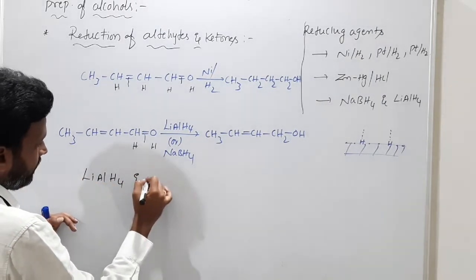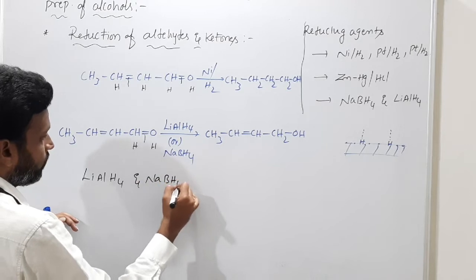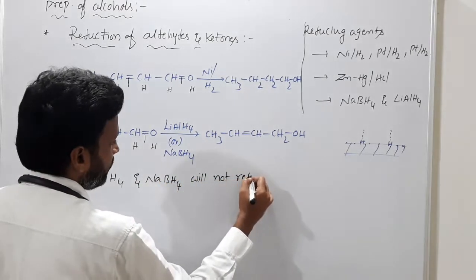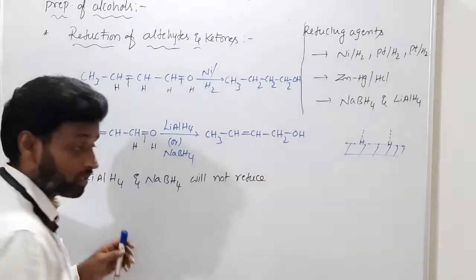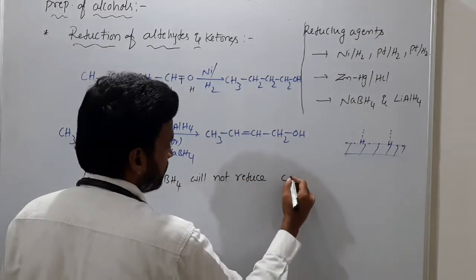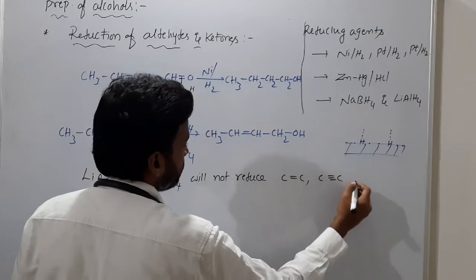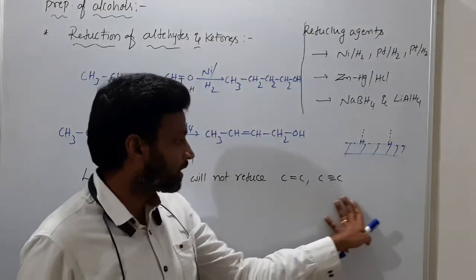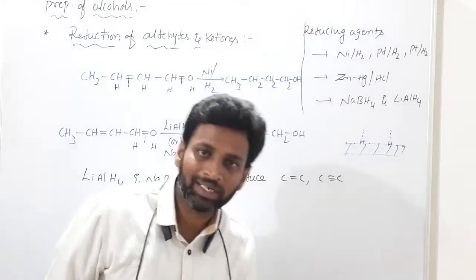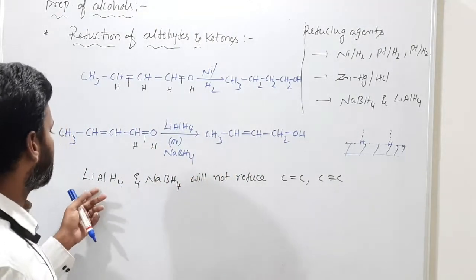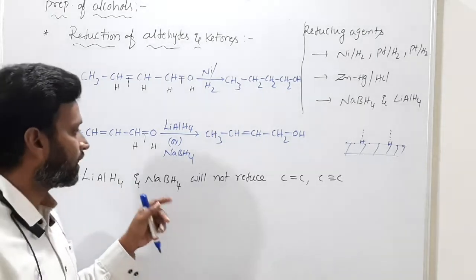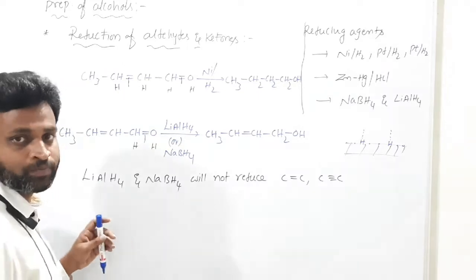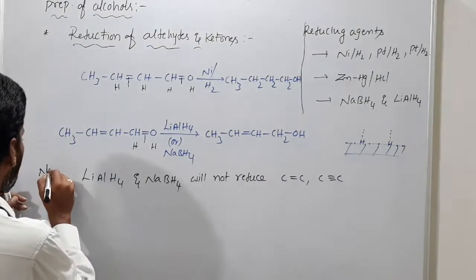LiAlH4 and NaBH4 will not reduce C double bond C or C triple bond C. So double bonded carbons and triple bonded carbons will not be reduced by using LiAlH4 or NaBH4. This is a very important point for you. Okay, so an important note actually.